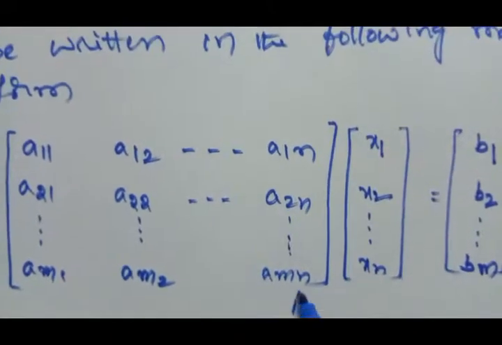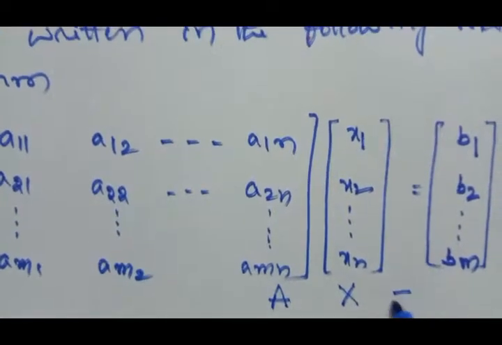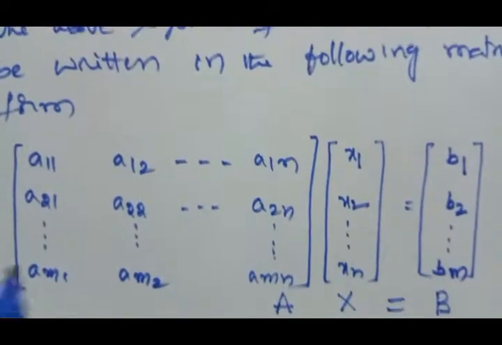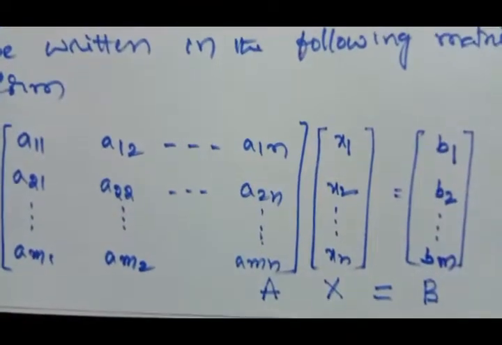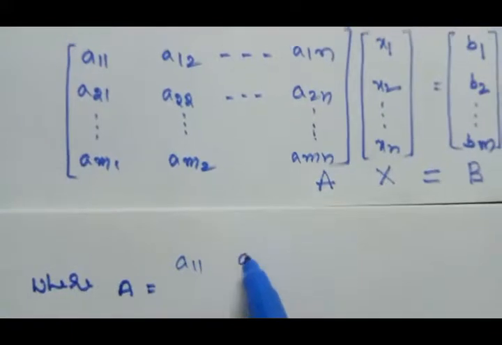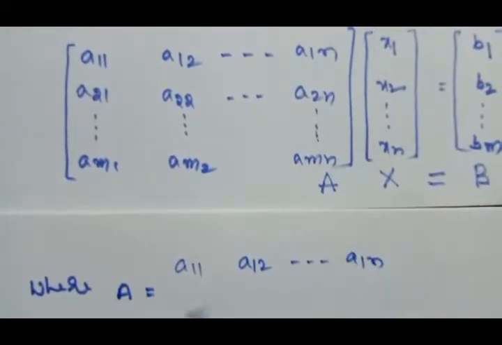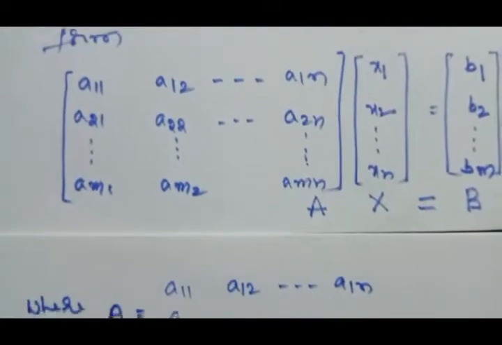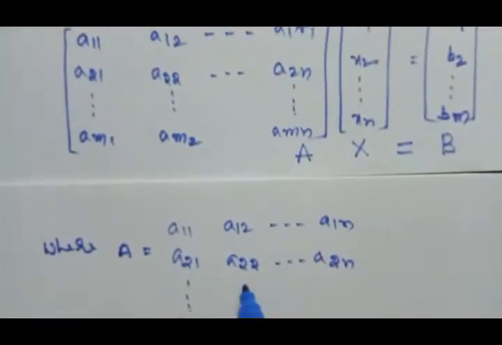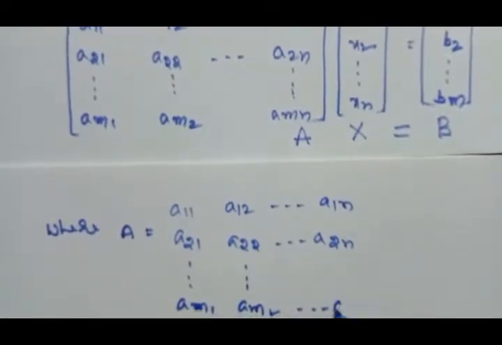This can be written as Ax is equal to B, where A is equal to the matrix with rows A11, A12 and so on, A1n; A21, A22 and so on, A2n; and so on, Am1, Am2 and so on, Amn.